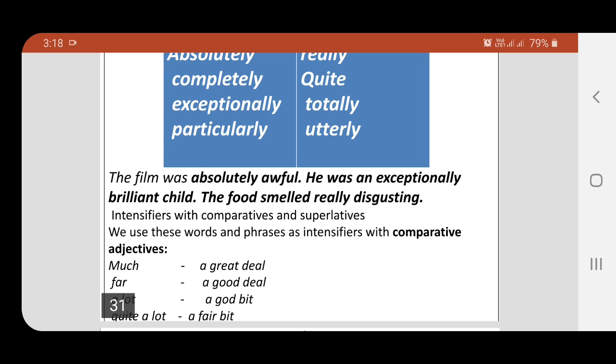He was an exceptionally brilliant child. The food smelled really disgusting. So we use intensifiers. The intensifiers are often used with comparatives and superlatives.